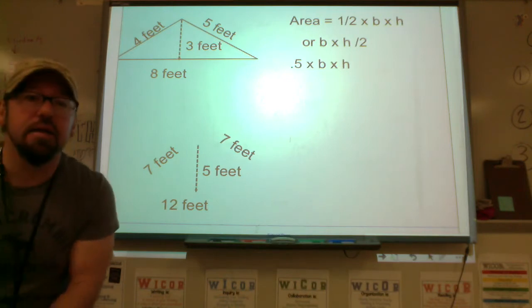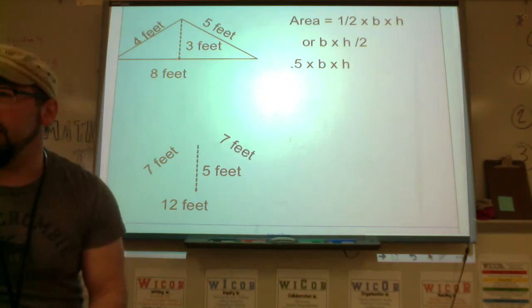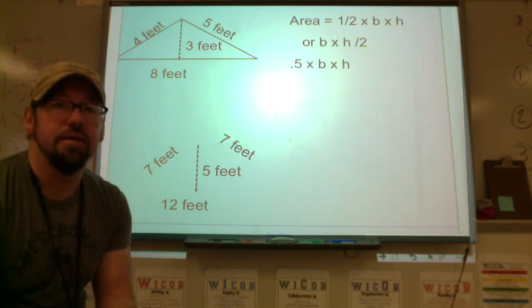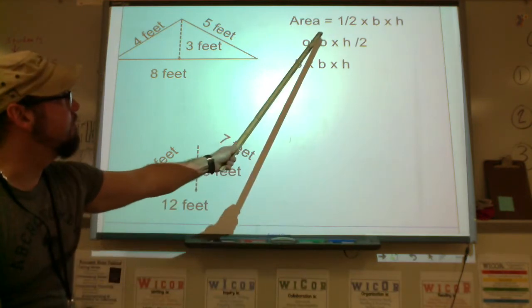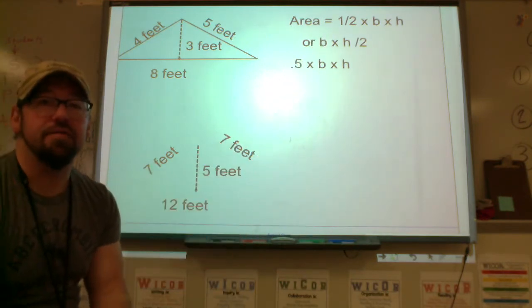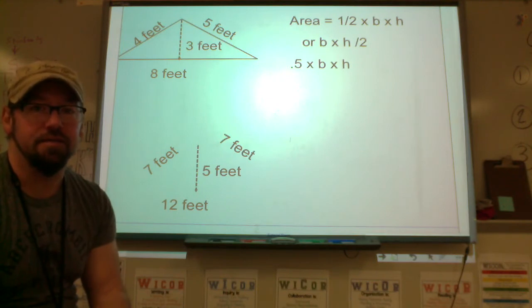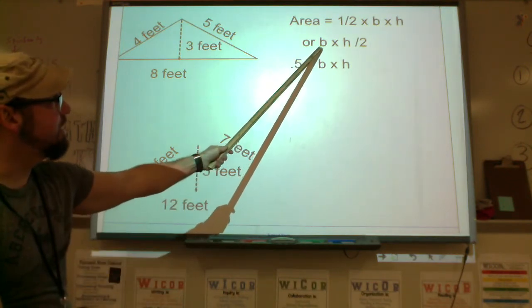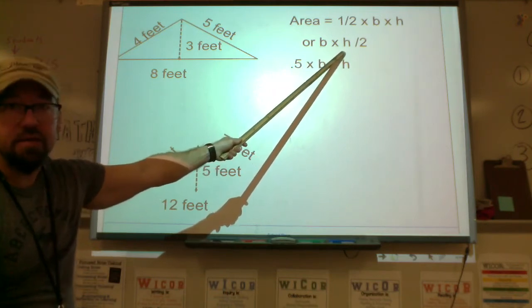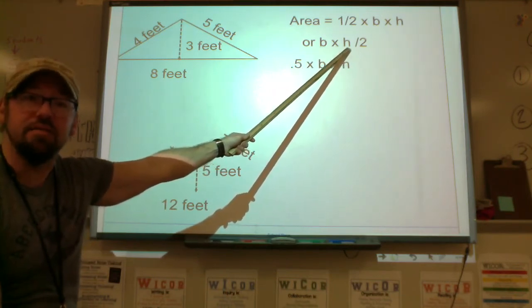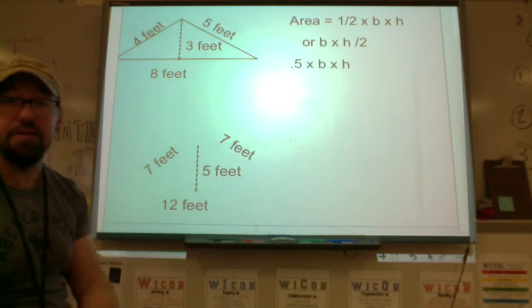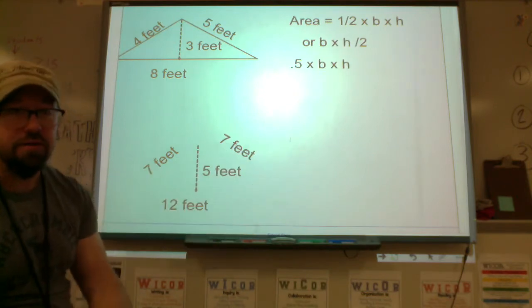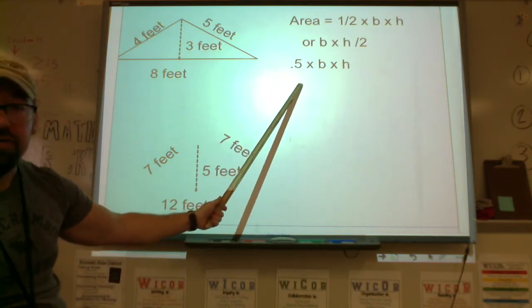Now moving on, I'm going to find the area of a triangle, which is written right up here. It is 1/2 times the base times the height. Or you could think of it as base times the height, and then this slash line means divide. So you could go base times height divided by 2, or we can use 0.5.